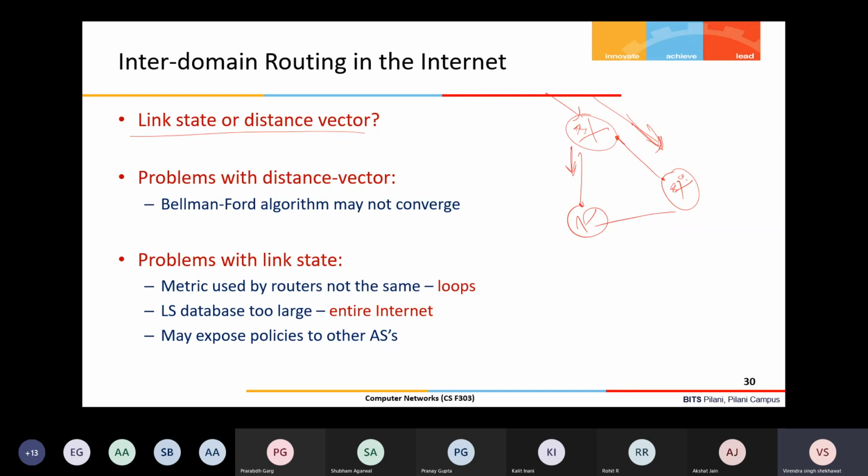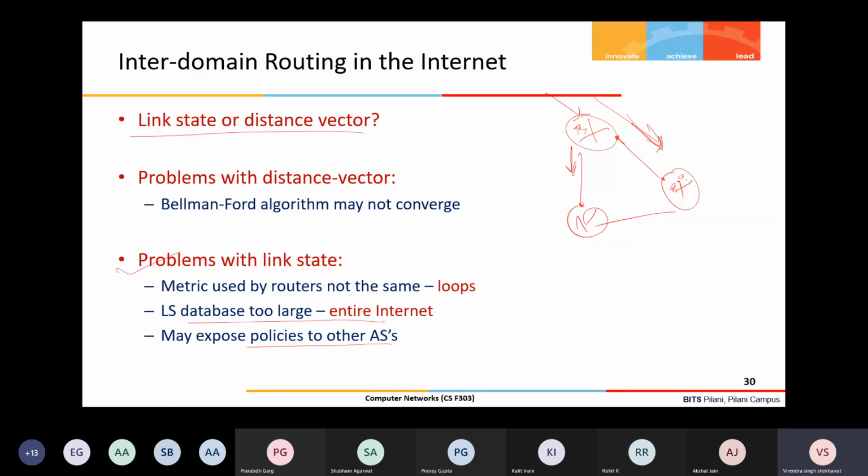So link state certainly will not work, because a centralized algorithm will not work. With the metrics, the large database is a problem with link state. And to run link state, one autonomous system will need to expose its policies to other ASs also, because they need to exchange the route advertisements.